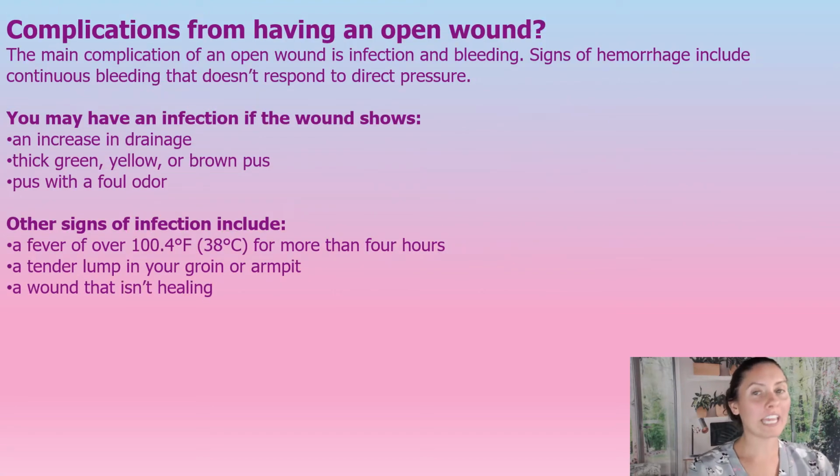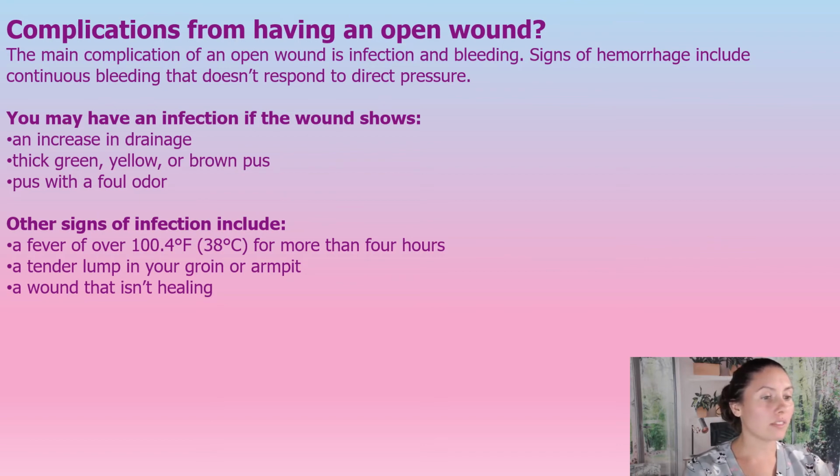Now, complications from having an open wound. The main complication, well, actually two main complications of an open wound are infection and bleeding. Signs of a hemorrhage include continuous bleeding that doesn't stop with direct pressure. Okay, so that's a hemorrhage. Now, you may also have an infection.